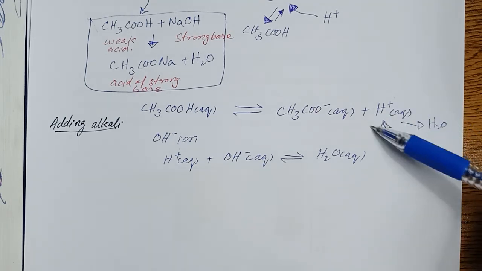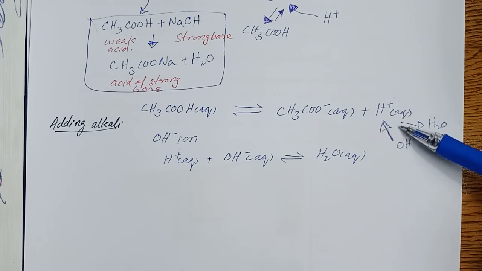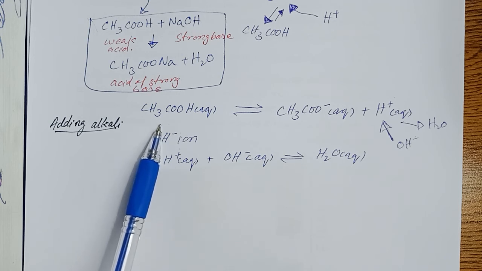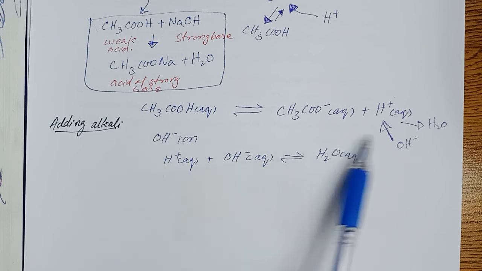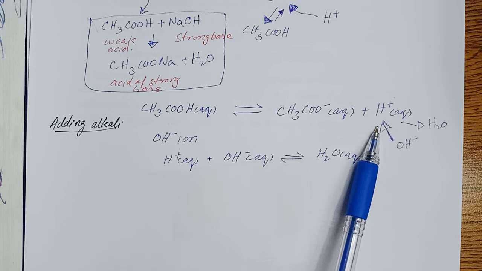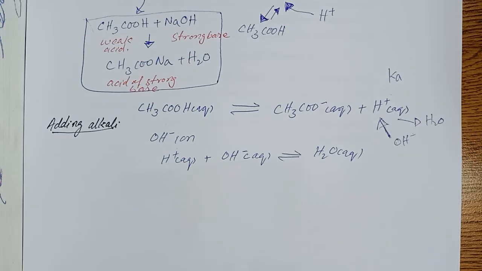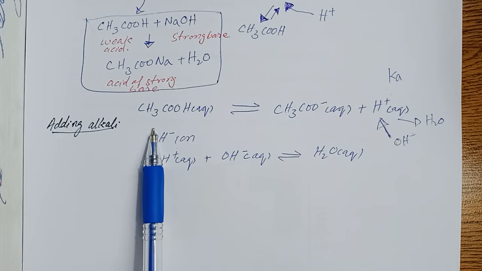It means that the number of hydrogen ions is decreasing. As a result, the acetic acid molecules will dissociate to maintain the specific concentration of hydrogen ion that is defined by the Ka value of this acid. So obviously there must be a large concentration of undissociated molecules available.